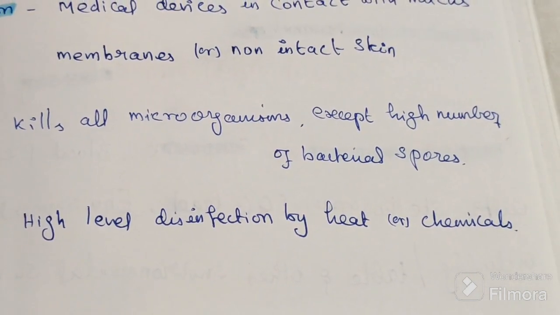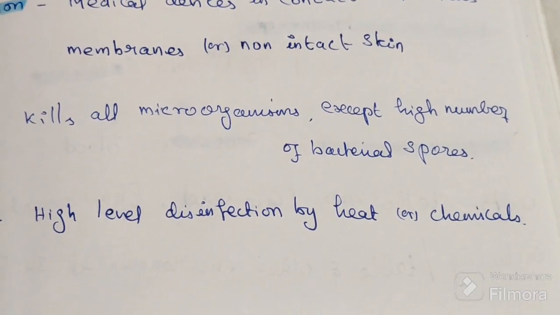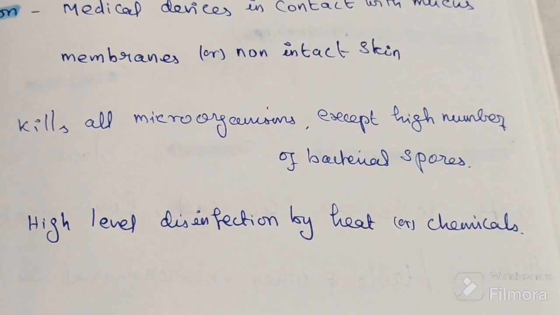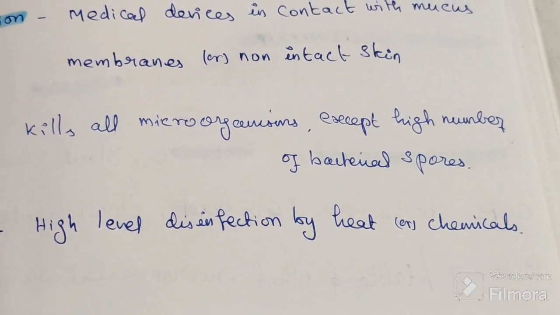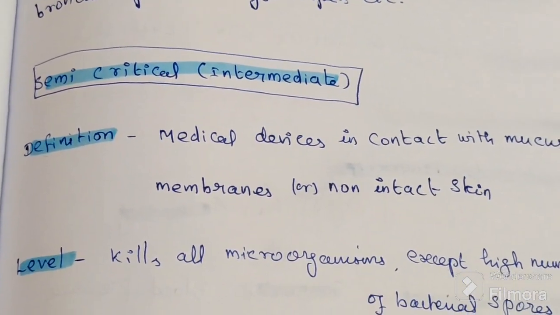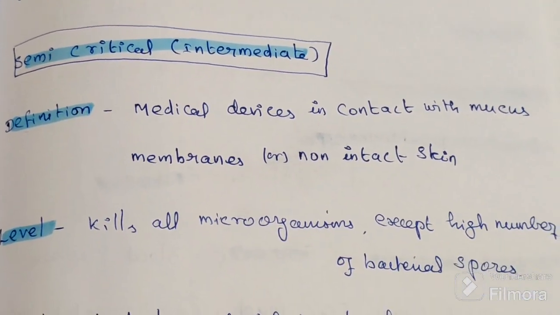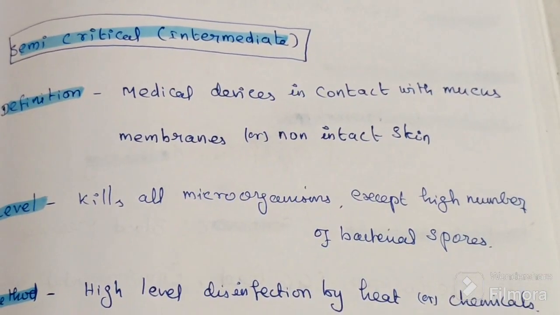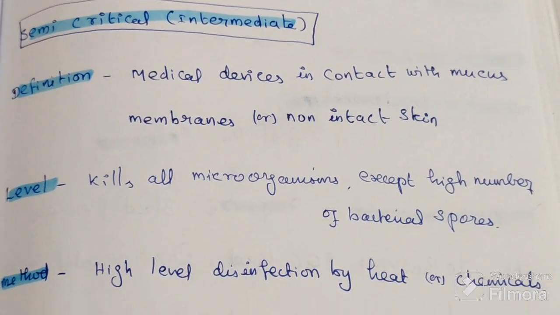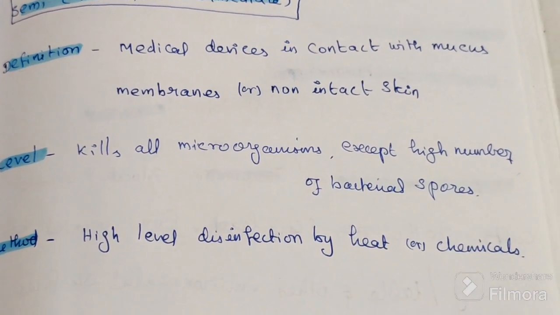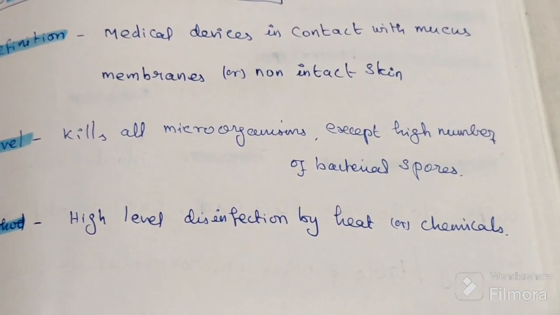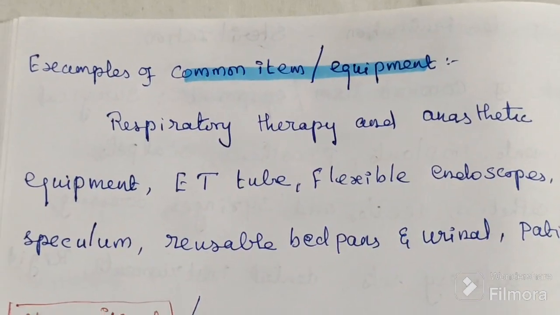High level disinfection by heat or chemicals. So this is all about semi-critical or intermediate: medical devices in contact with mucous membrane or non-intact skin, killing all forms of microorganism except bacterial spores, with high level disinfection by heat or chemicals.